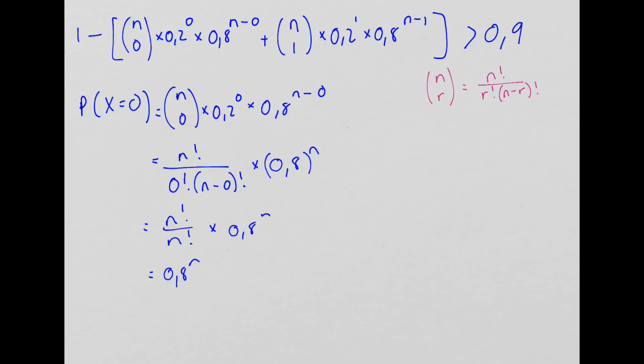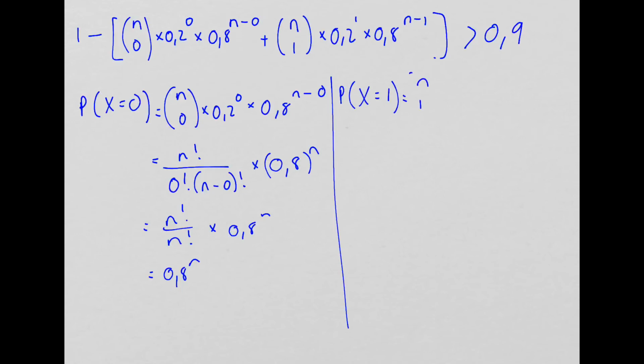Okay, let's look at the next one. I'm going to erase this out of the way and work on the right-hand side now. We're now working with the probability that X equals 1, which, as we've said, is n choose 1 times 0.2 to the power of 1 times 0.8 to the power of n minus 1.